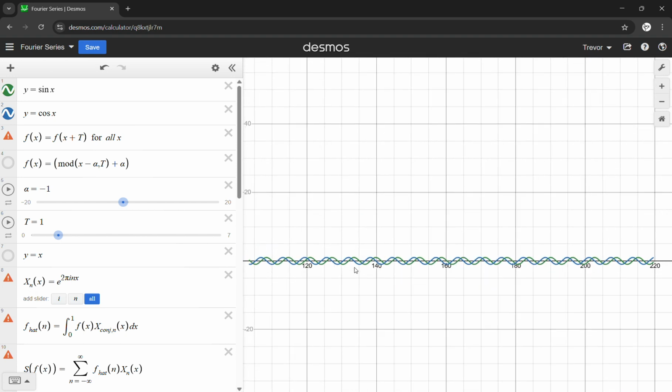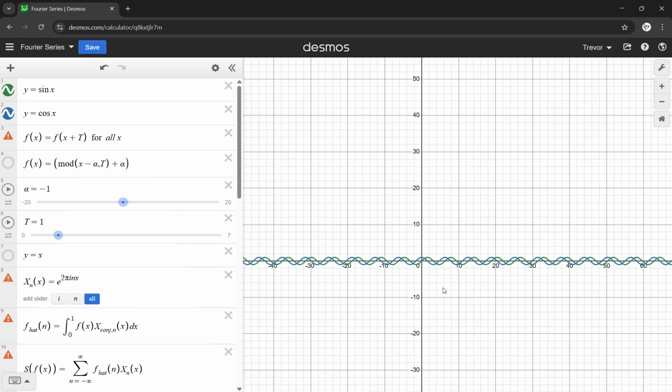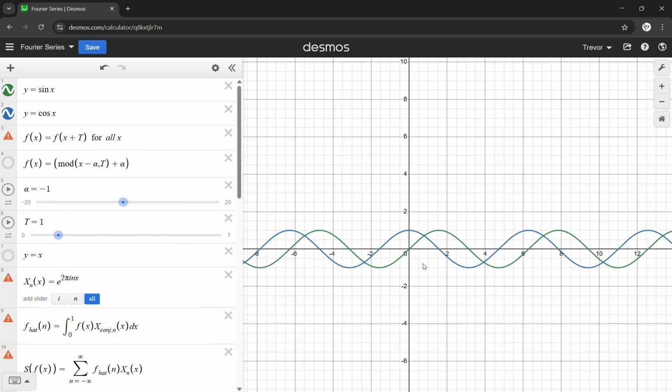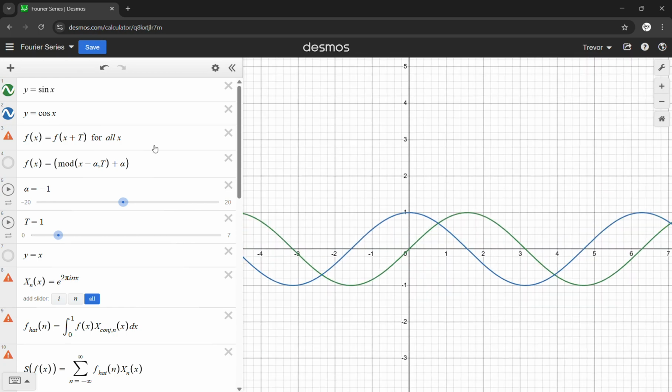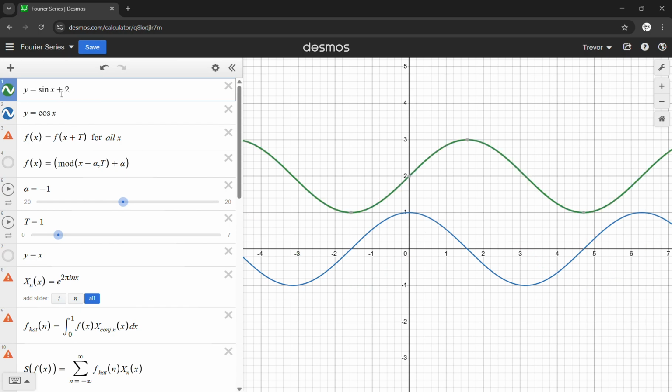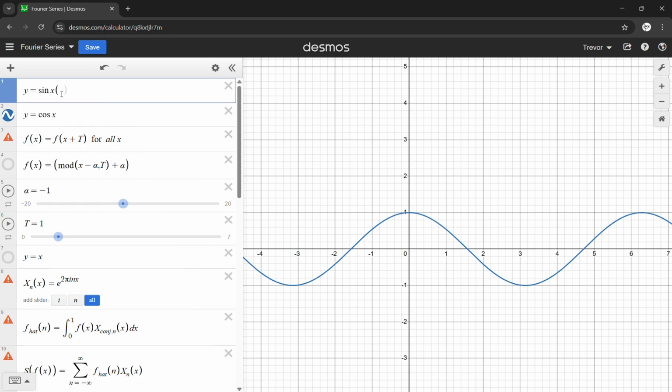And there's a couple things that we can do with these functions. We can shift them. We can shift them up like that. We can shift them down. We can shift them to the left and to the right, although it's going to be a little hard to see. That's me shifting to the right, and that's me shifting to the left.